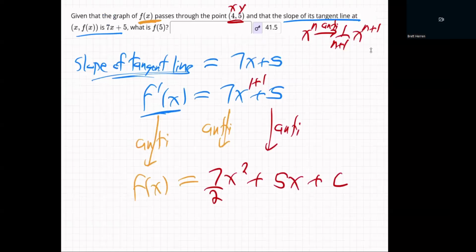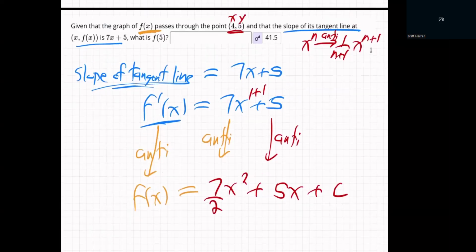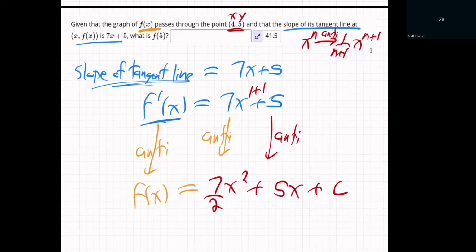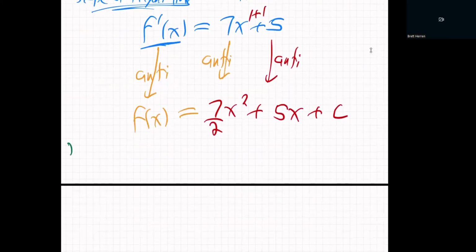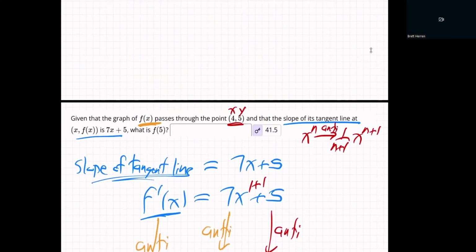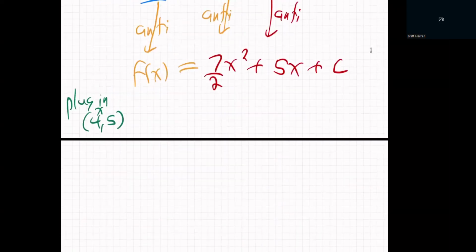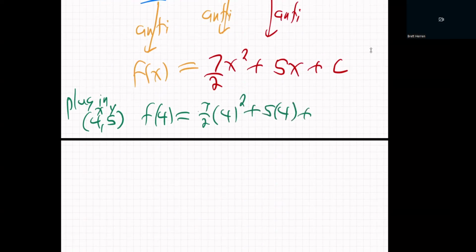So if you take that function and plug in (4, 5), where this is x and this is y, we're saying f of 4 is 7 halves times 4 squared plus 5 times 4 plus c.